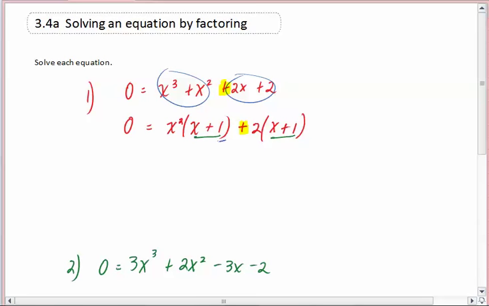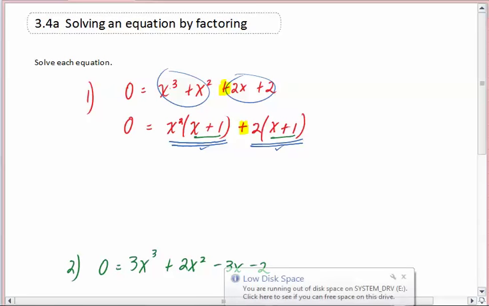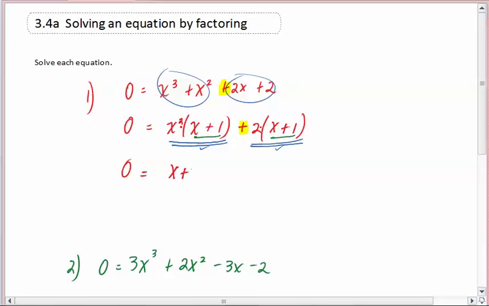Now think about it. Let me underline these in blue, between the yellow plus. We have this blue thing plus this blue thing. Within each blue thing we actually have a factor of x plus 1. It's a common factor, so I'm going to pull it out to the front as a greatest common factor.